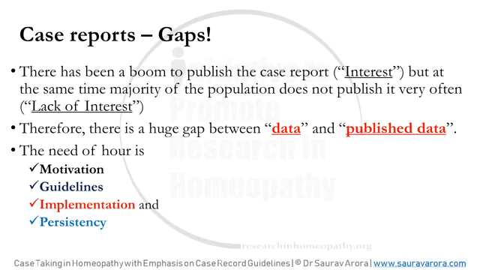But to publish, I need guidelines. I do have the guidelines, but how do I implement them to convert my motivation into published data? And yes, persistency: how often, how frequently do I publish my cases? We'll see all these areas today in case taking in homeopathy.